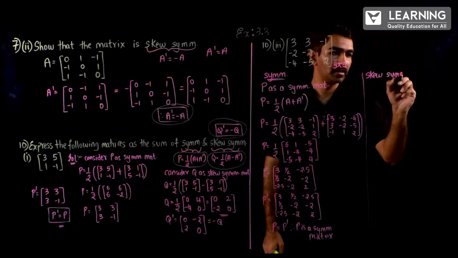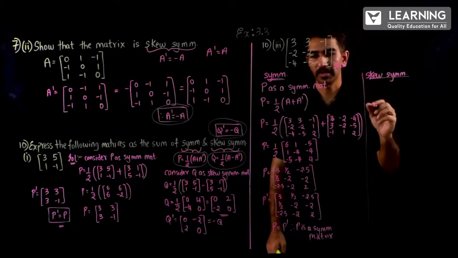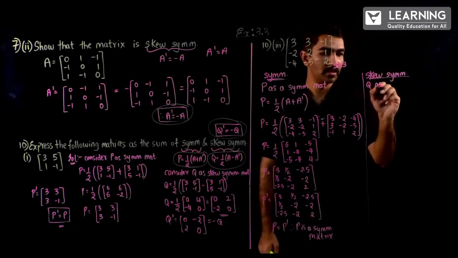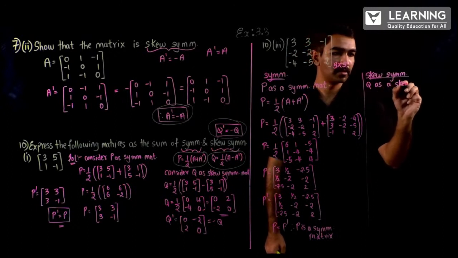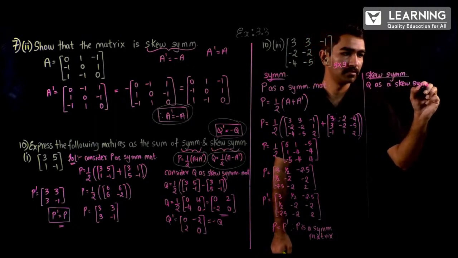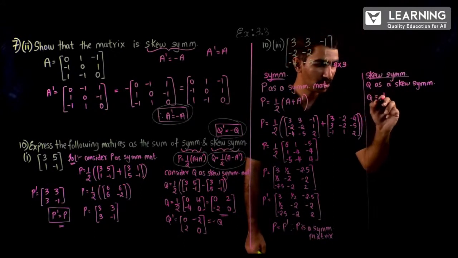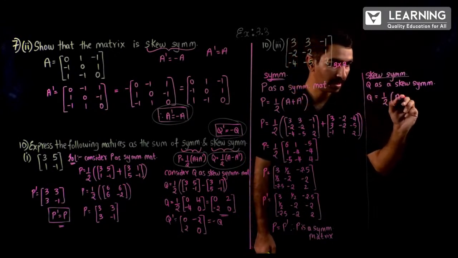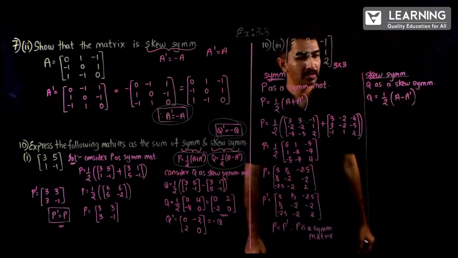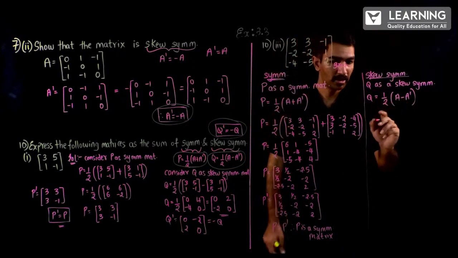Skew symmetric. So let us assume that Q as a skew symmetric matrix. If Q is a skew symmetric matrix, then Q can be expressed as what? 1 by 2 of A minus A dash. What is A, students? That is given here already, correct?